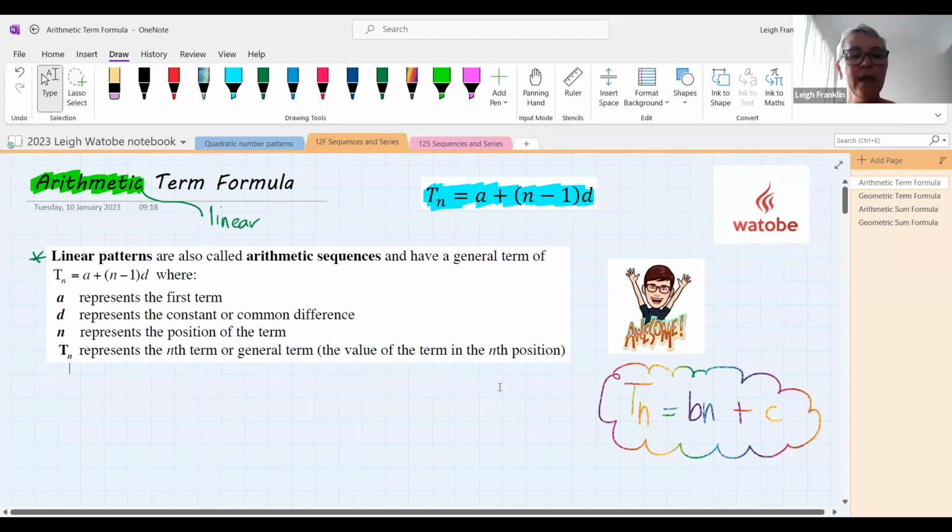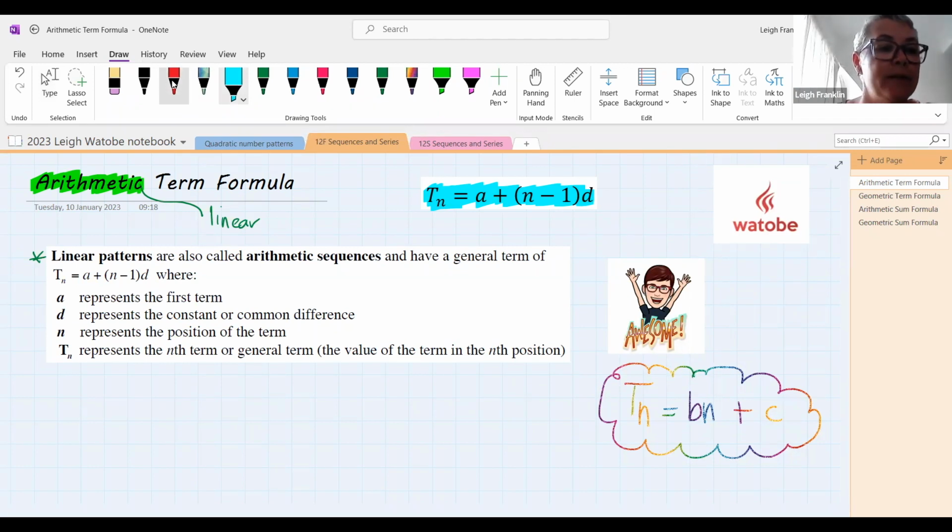Now, where does this come from? Let me show you. Let's pretend we have a linear number pattern that goes 3, 8, 13, 18. What I mean is the first term is 3, the second term is 8, the third term is 13, the fourth term is 18.